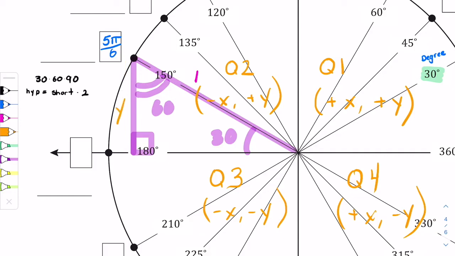So I'm going to label the short leg as y. Substitute in the value of the hypotenuse, which is 1. The short leg, I'm using a variable y, times 2. Divide both sides by 2. y is equal to 1/2. All right, so this value is 1/2.